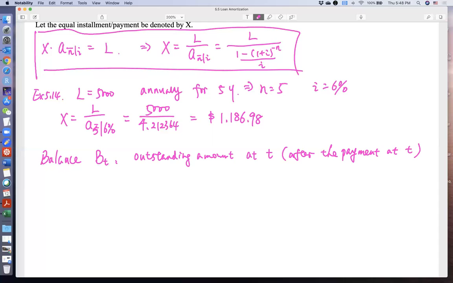And let's call I_t the amount of interest paid over the t-th period. In our example a period is a year, in Example 5.15. So those are the notations.